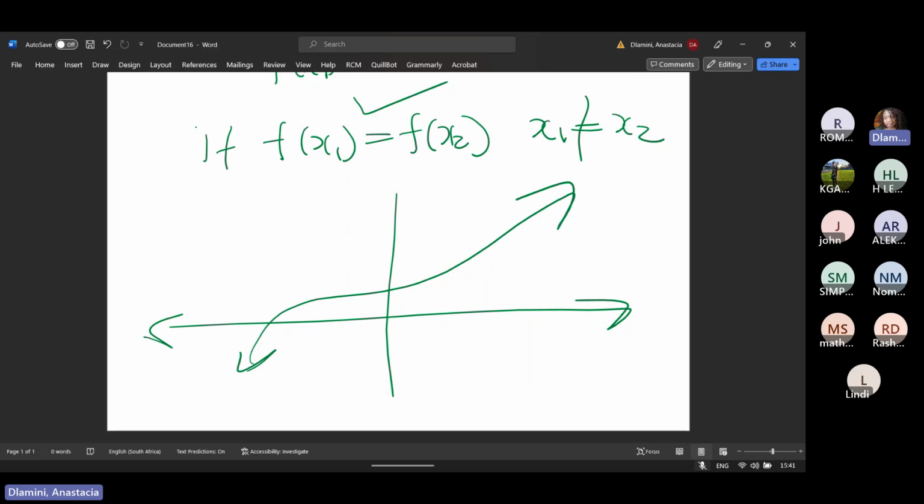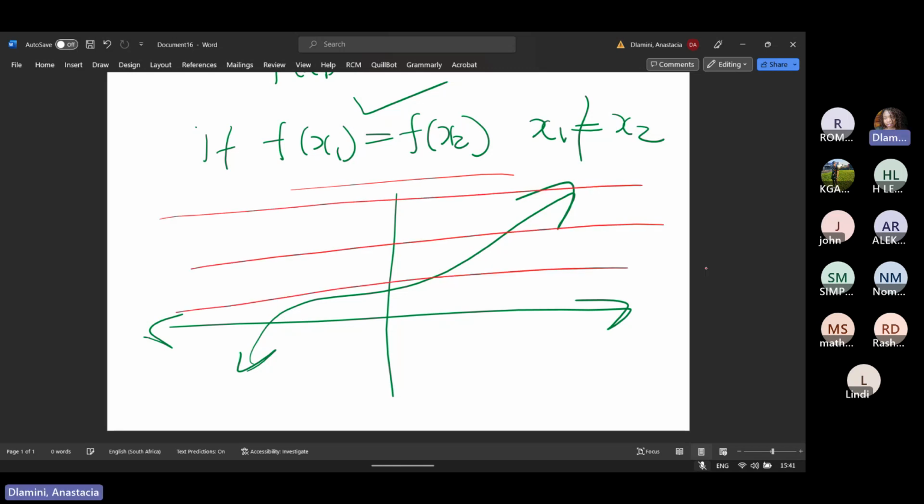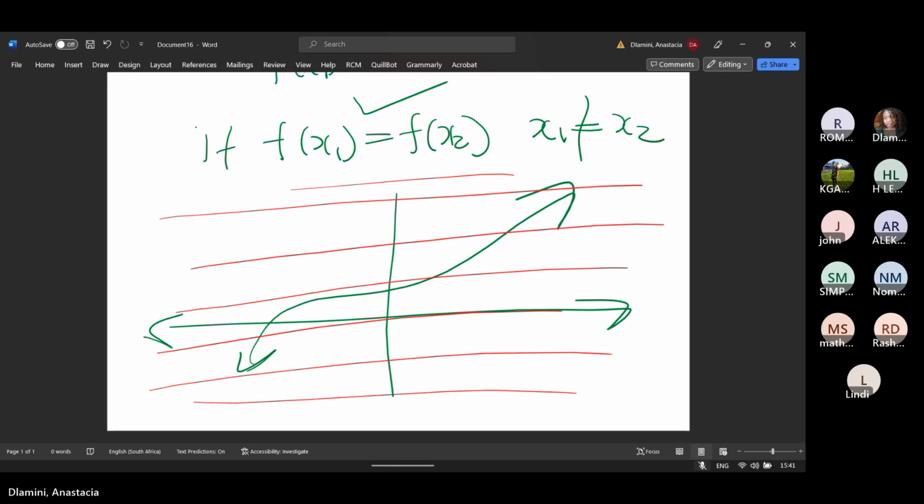Now we're talking about the horizontal line test. Don't confuse the two. If you take a ruler and draw any horizontal line, you must cut the graph how many times? Once. Then it's a one-to-one function. Does it make sense? Yes.